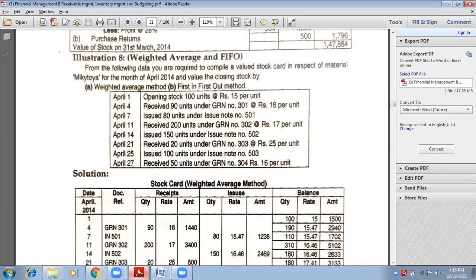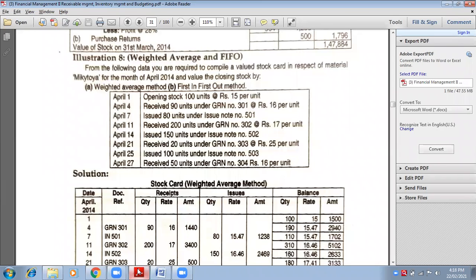But how much do we need to issue in total? 150. So out of 150, 110 is issued already. How much is left over? 40 units are yet to be issued.